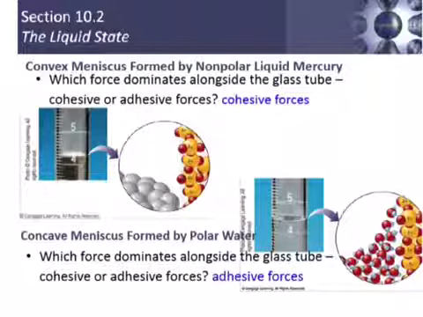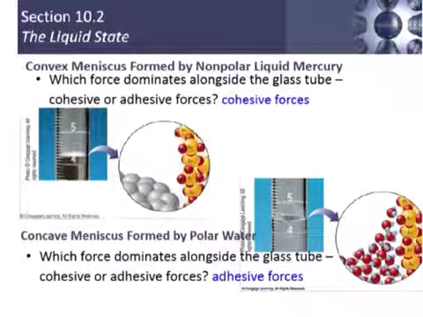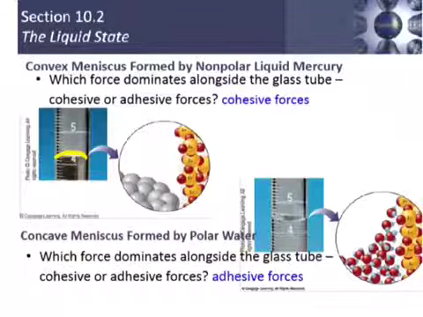In the convex, the cohesive forces between the molecules of that liquid mercury bring each other together, and they don't want to interact with the molecule of whatever it's in. They'd rather interact with another molecule that's the same.